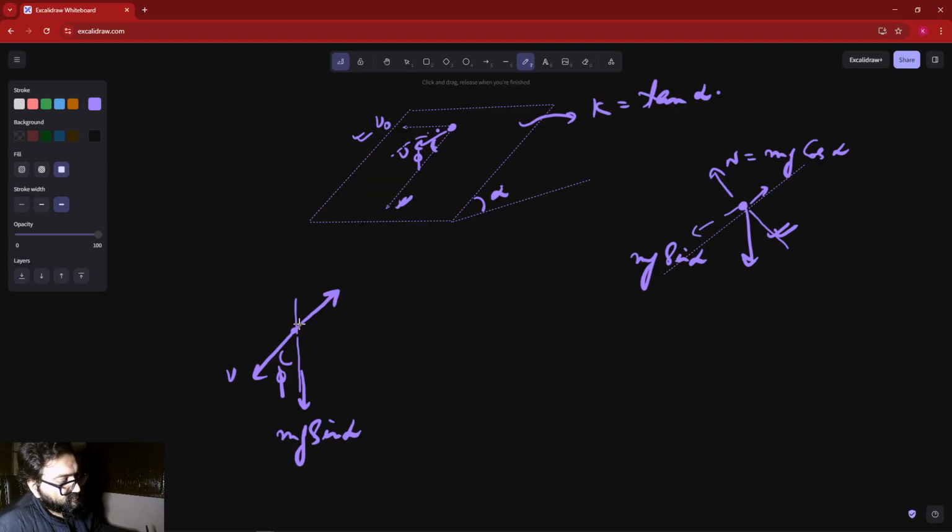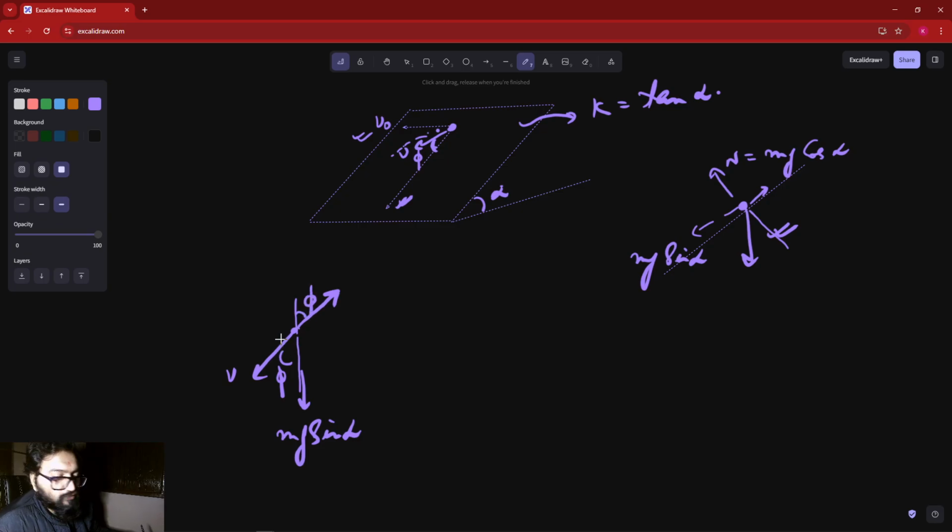So this is what I've pointed my direction of the frictional force as. It lies on the inclined plane, but it is not necessarily directed opposite to the incline. It is directed opposite to the velocity vector. That is something that you'll have to note.